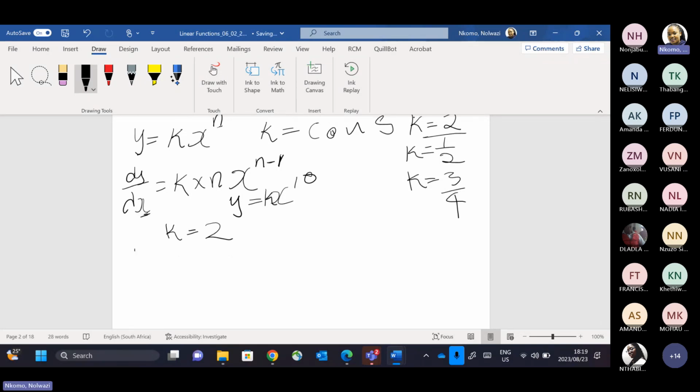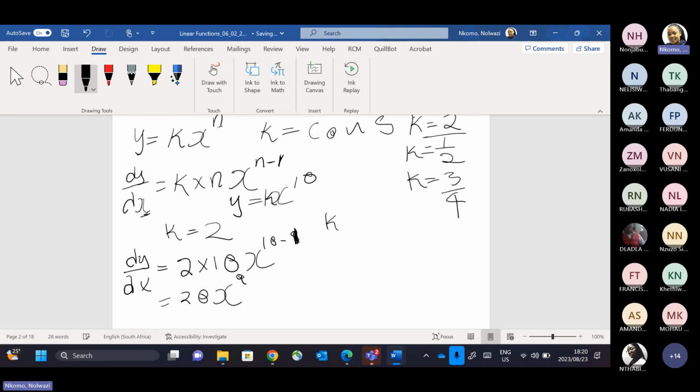Our derivative, which is dy over dx, would be 2 times 10 x to the power 10 minus 1. And if you simplify, we'll have our derivative as 20x to the power 9, right?